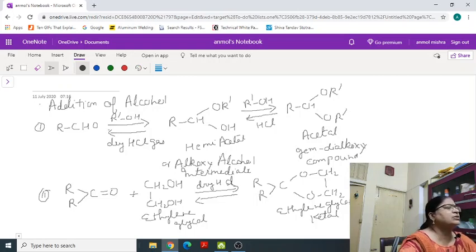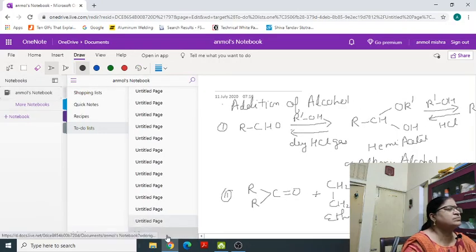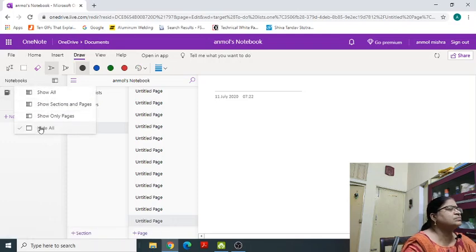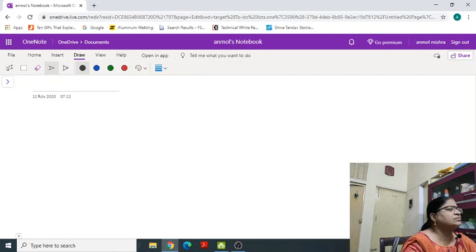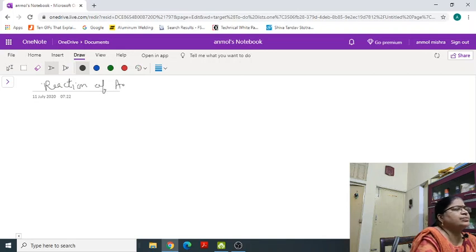Next is reaction of ammonia and its derivative.